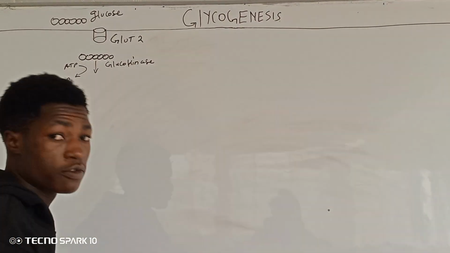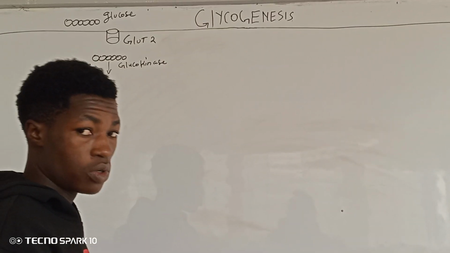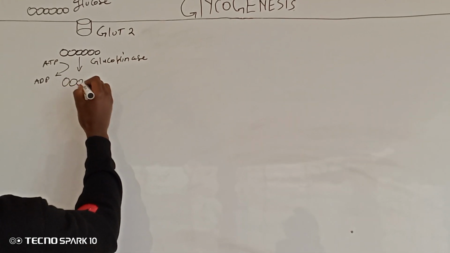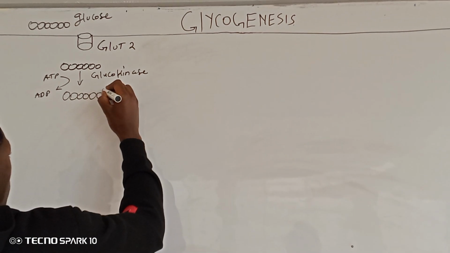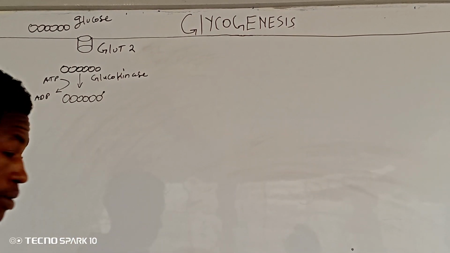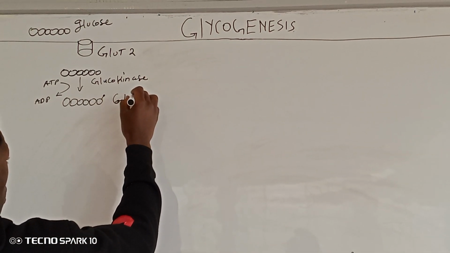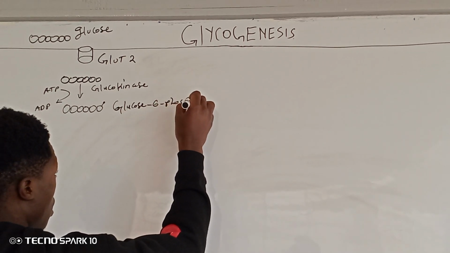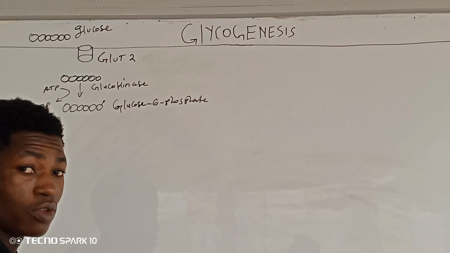It's going to rip off that phosphate group from ATP, then add it to glucose at position 6. What's the name of this one? This is called glucose 6-phosphate.